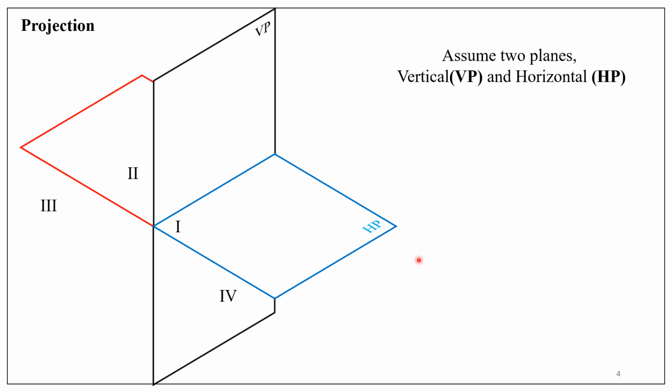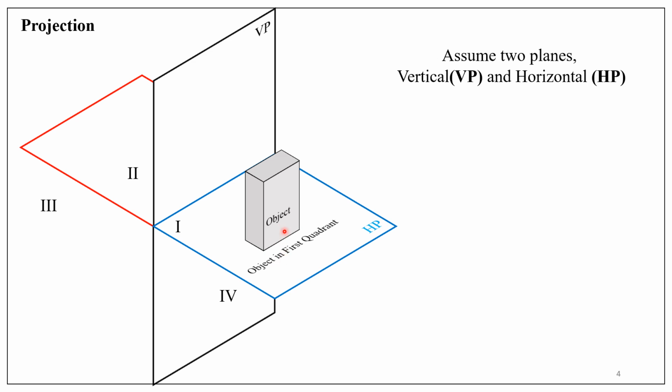For our convenience, we divide the space into four quadrants: 1, 2, 3, 4. How can we represent or denote an object that is present in quadrant 1 like this? So this object is represented by the words in front of VP and above HP.